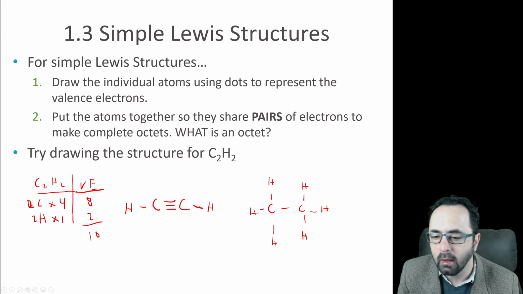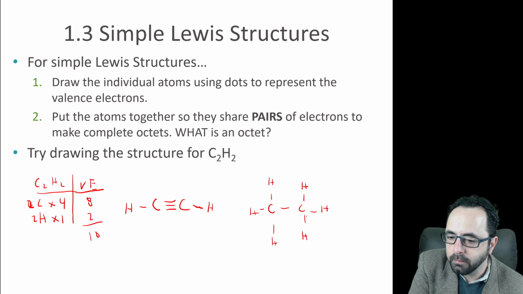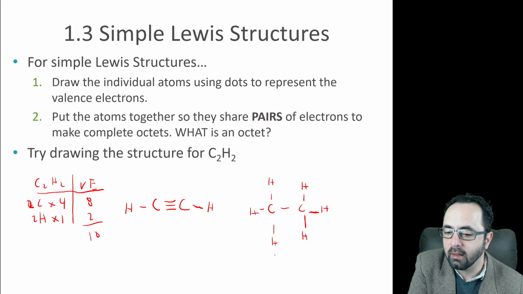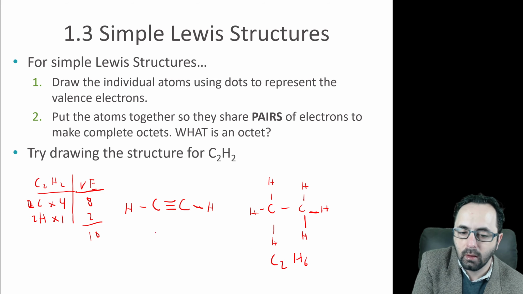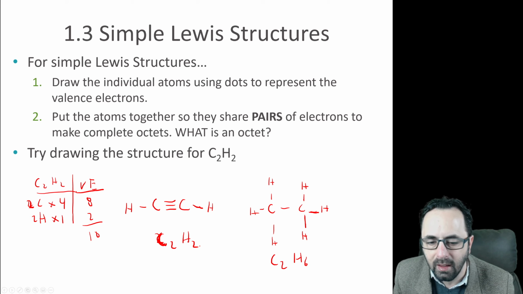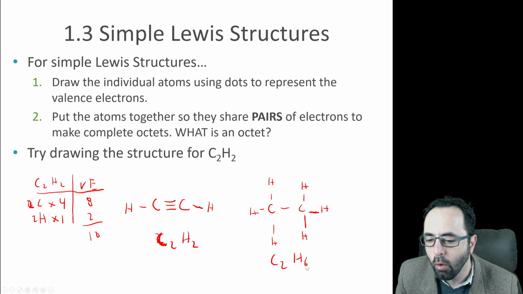And in ethane, you can see that ethane is C2, 2 carbons, H6, and the molecule that we were interested in was C2H2, and so you can see the difference is 4 hydrogens.